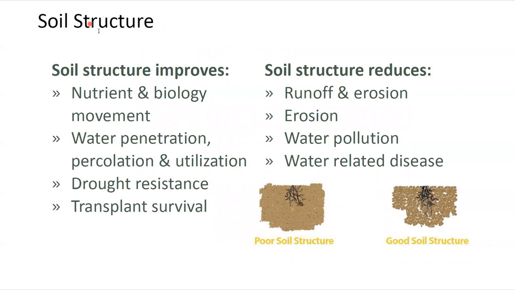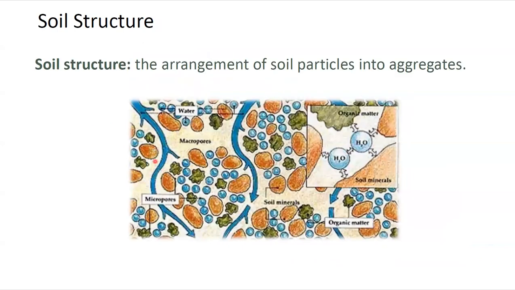Now, looking at the soil structure, we've already gone through some of this, so I won't reiterate, but I do want to go into that soil structure building by our soil food web. This is a really important thing to understand. Soil structure is considered the arrangement of soil particles into aggregates.